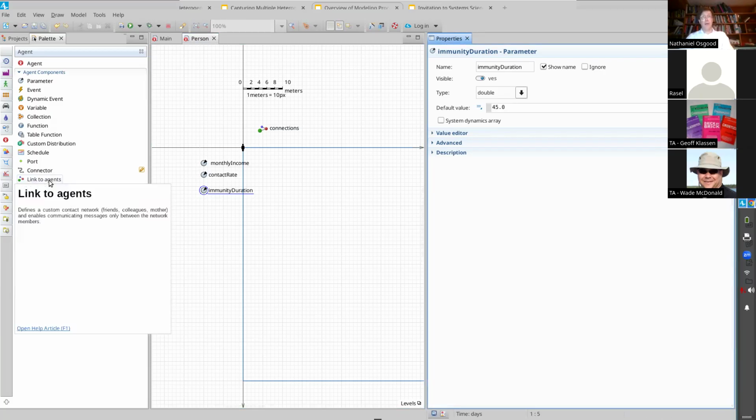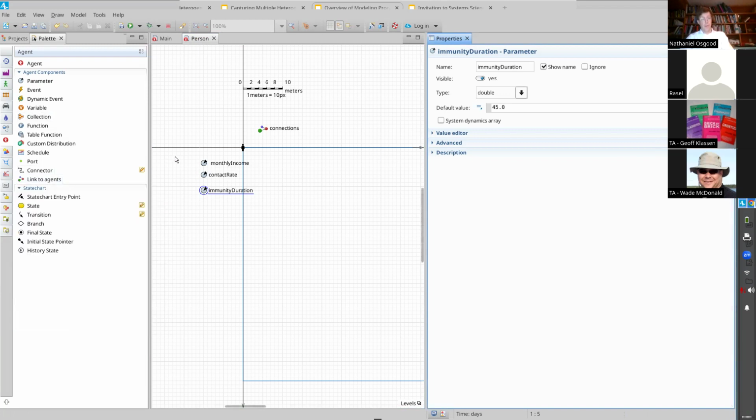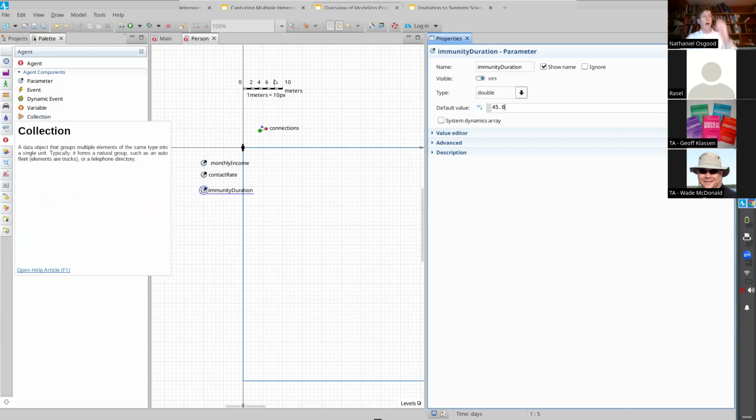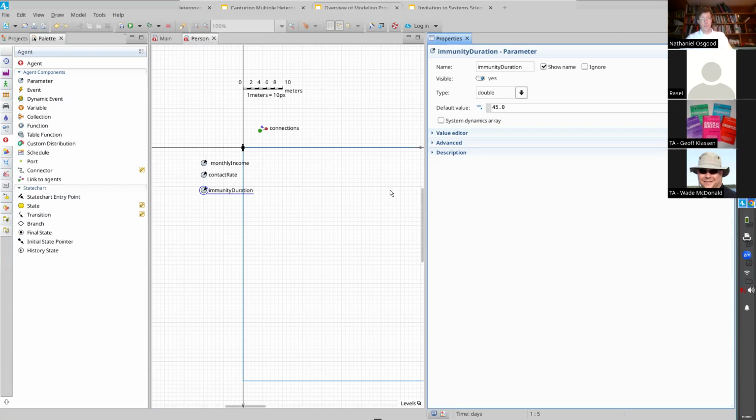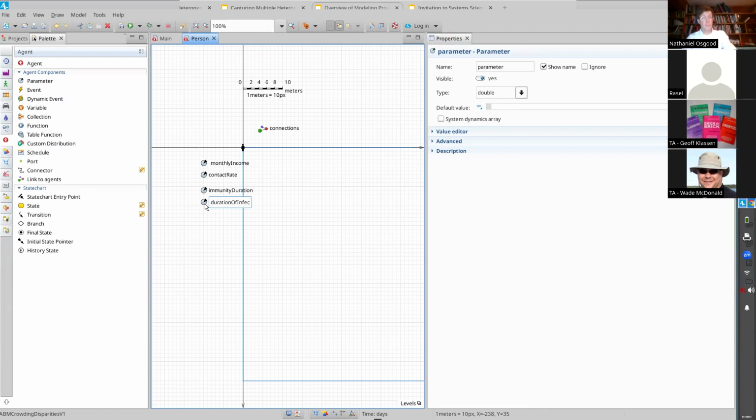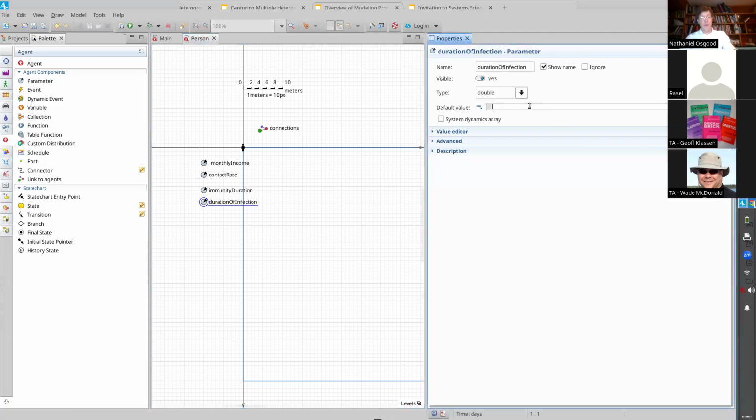So it's a short-lived thing, something more like chlamydia, like a bacterial infection. I think gonorrhea also doesn't have terribly long durations of immunity. Immunity duration, and finally, duration of infection. And its default will be 10.